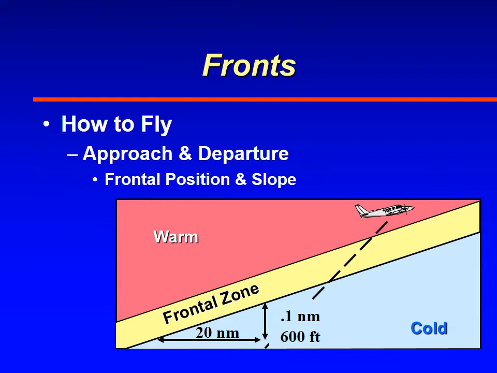And remember, our rule of thumb was 1 to 200, so 20 nautical miles is like 0.1 nautical mile up, and 0.1 nautical mile is 600 feet. So in this case, if there's a warm front just south of the airport, about 20 miles, then the front is going to be located 600 feet above the airport. And that can affect aircraft in the traffic pattern or approaching and departing the airport.